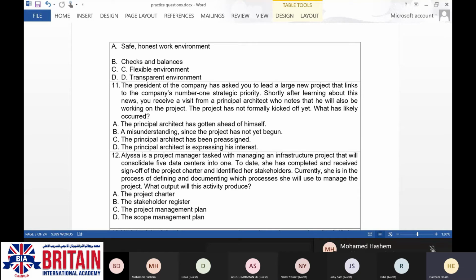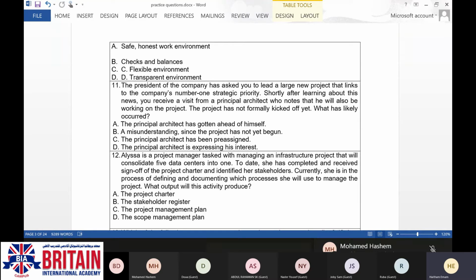Again, the tricky point here: who notes that he will also be working on this project, which is going directly to remove the last answer, which is answer D. The principal architect is expressing his interest.